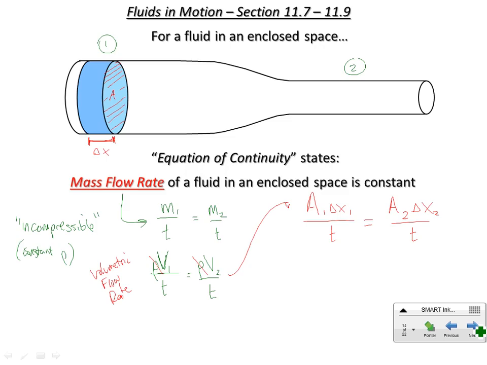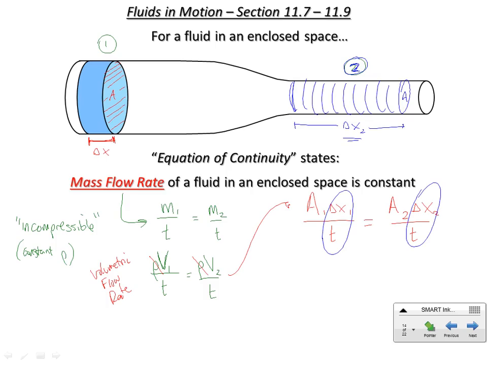Over in area 2, since the area gets so much smaller, our delta X has to get a lot bigger in the same amount of time.